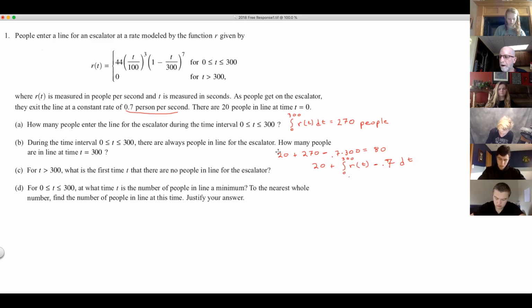And by the way, as my hint, if you look at this part right here, this is telling you that after 300 seconds, no one gets in line.